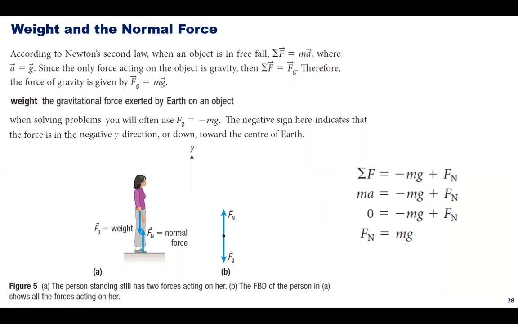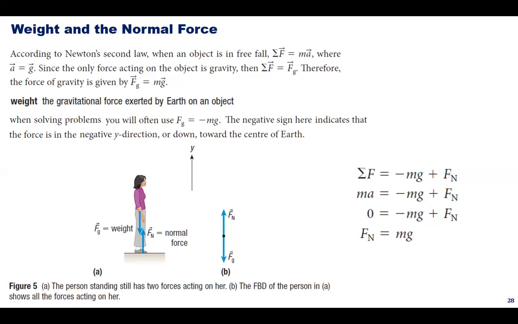Where acceleration a is the acceleration due to gravity, g. Since the only force acting on an object is gravity, we have sigma F equals Fg. Therefore, the force of gravity is given by Fg equals m times the acceleration due to gravity, lowercase g.